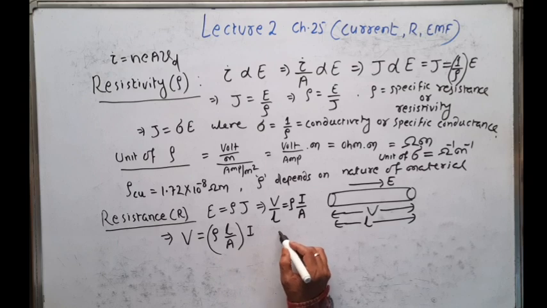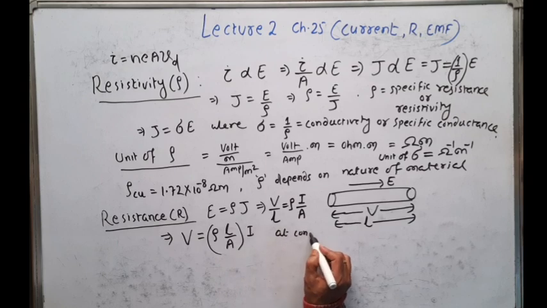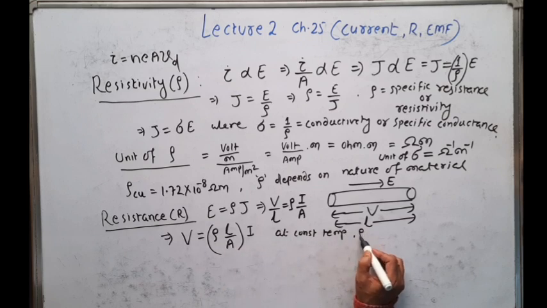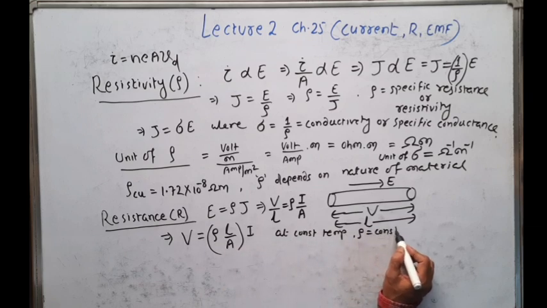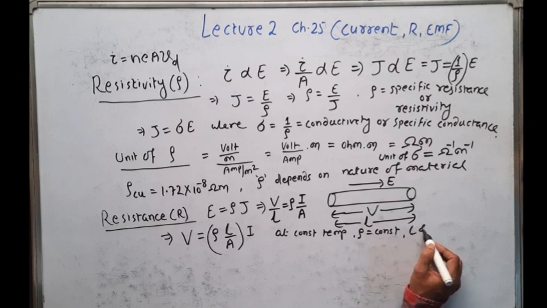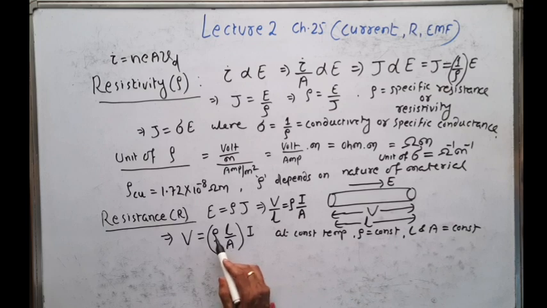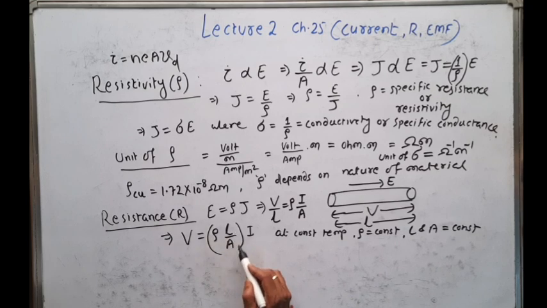So now at constant temperature, rho is constant, and length and area are also constant. So rho L by A is constant for a particular temperature.